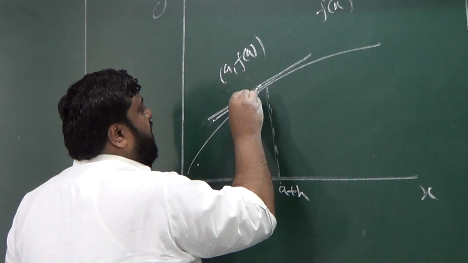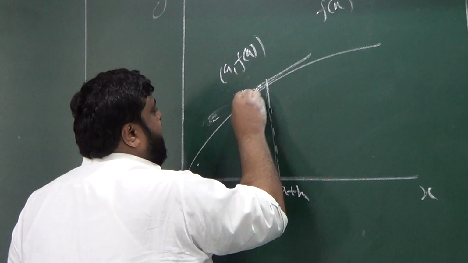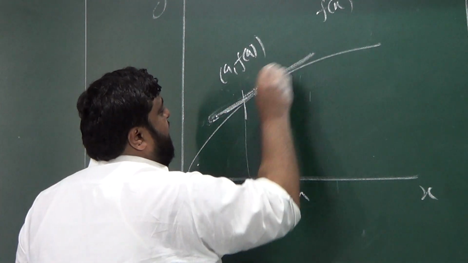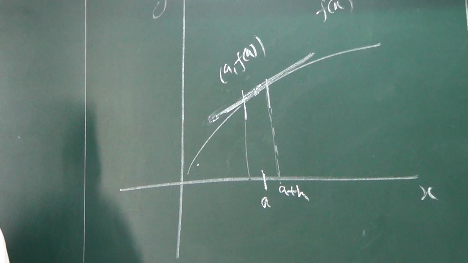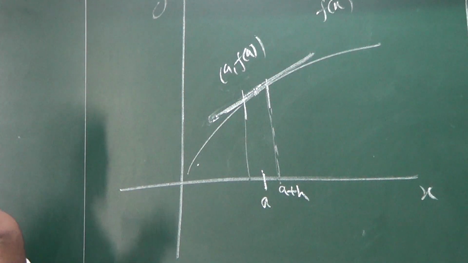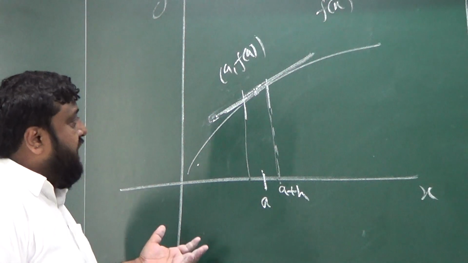On this small interval, the tangent and the curve are indistinguishable. They are one and the same. Can this help me out in order to know it? The answer is no, I guess.